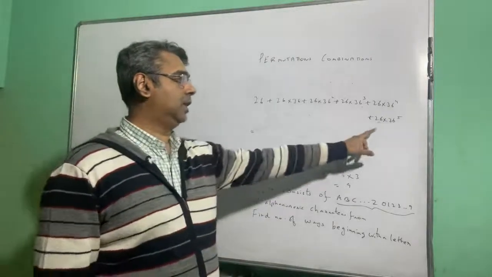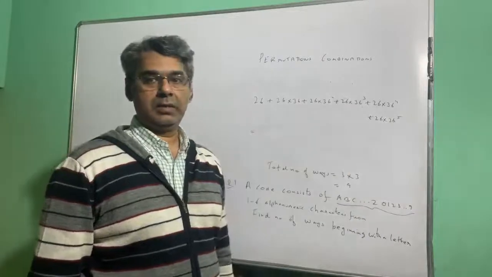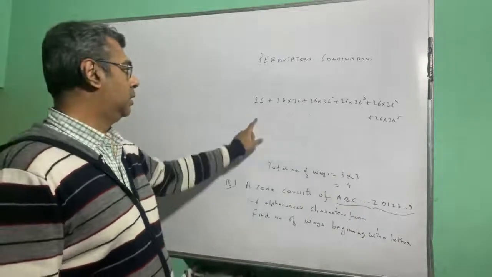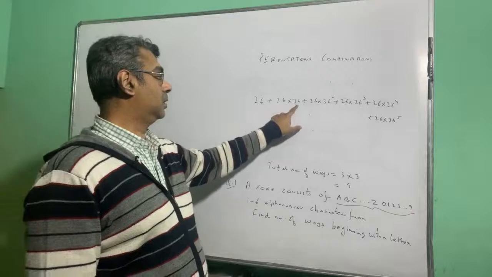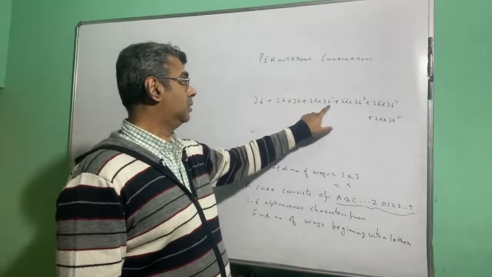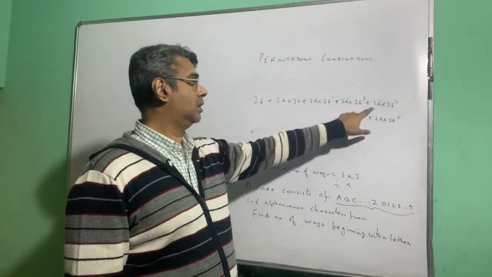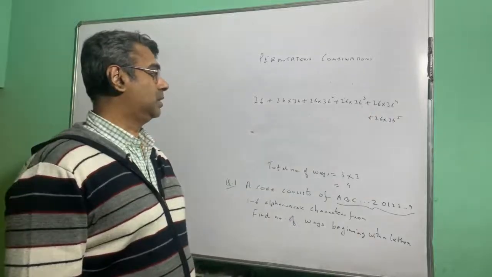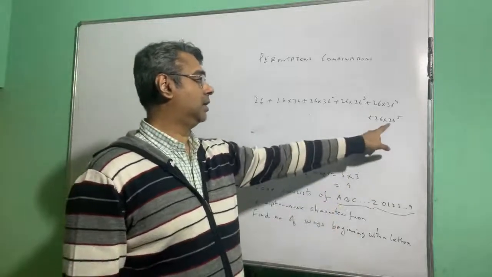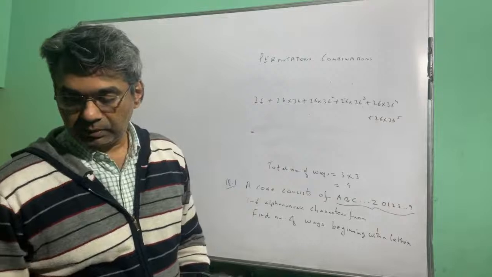And like that, if there are 6 characters, then 26 into 36 to the power 5. So 26 plus 26 into 36 plus 26 into 36 square plus 26 into 36 cube plus 26 into 36 to the power 4, and last is 26 into 36 to the power 5.